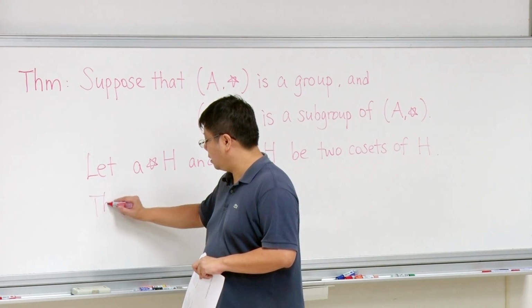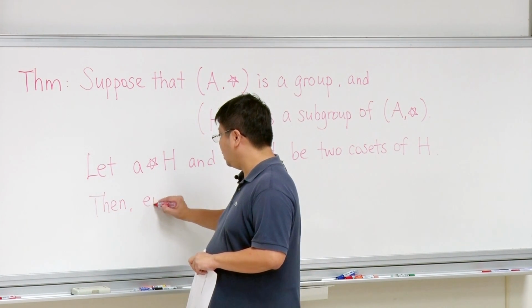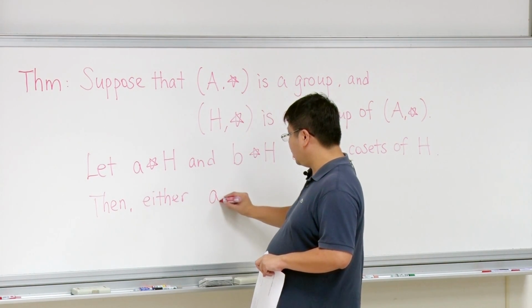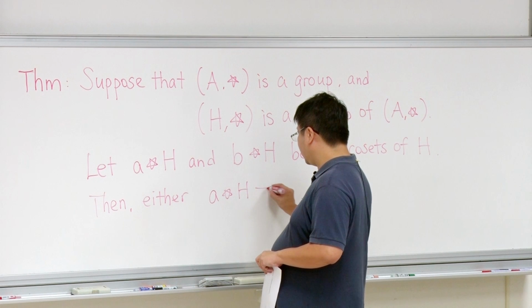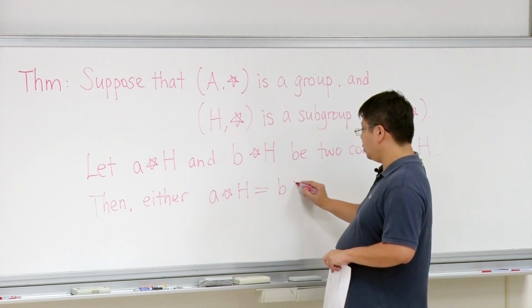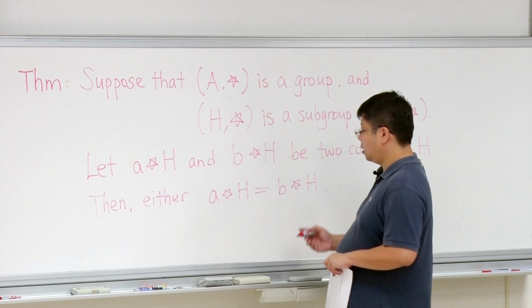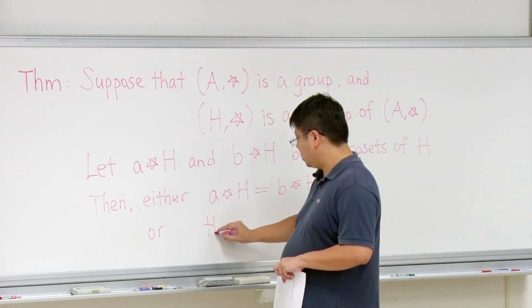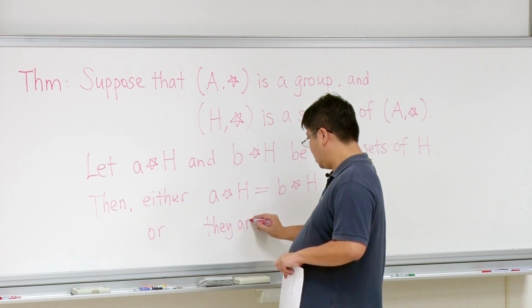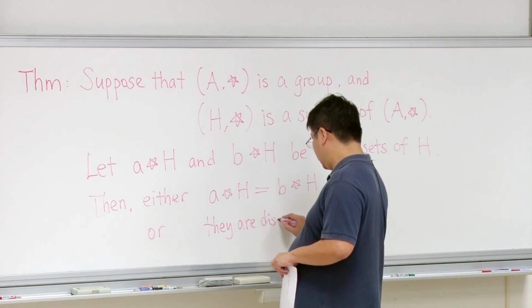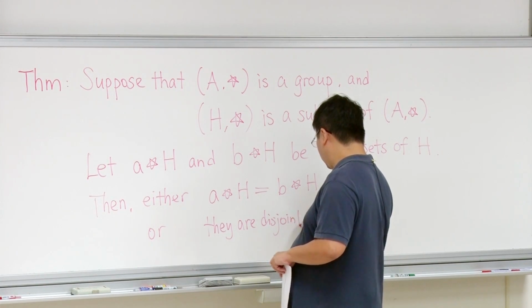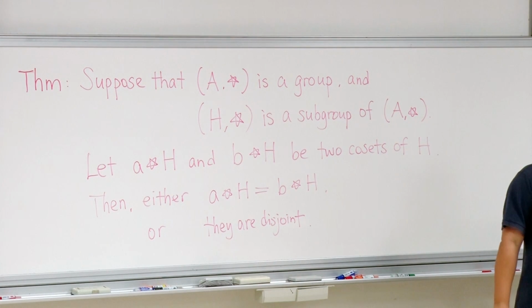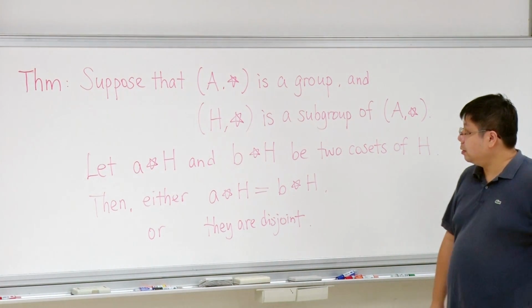Then either these two things are the same, so either A star H is the same as B star H, or they are disjoint.